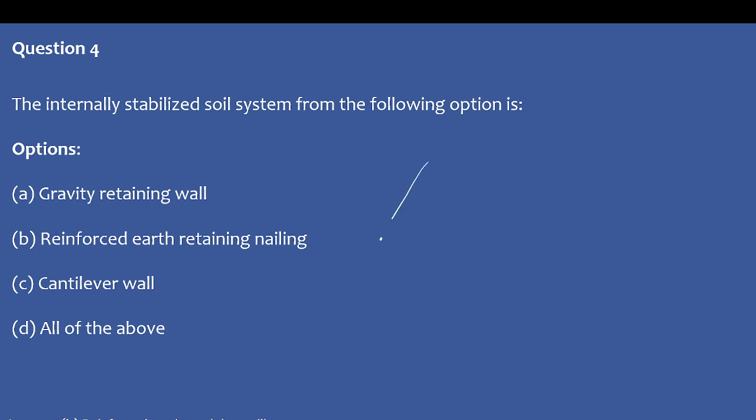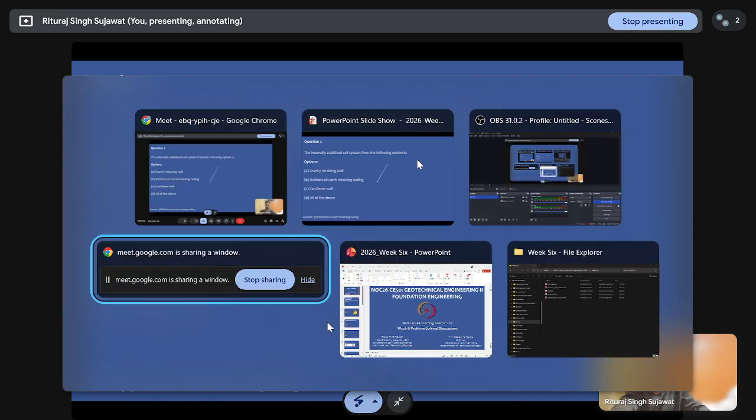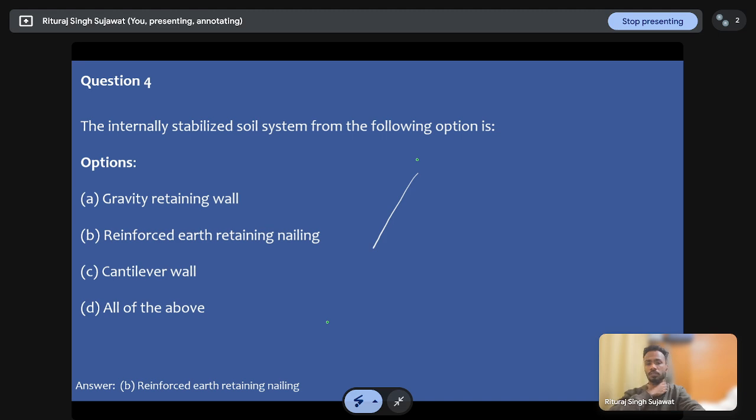So let's say you have a retaining wall. Usually for the gravity retaining wall, we know the external pressure is resisted by the gravity of the retaining wall.